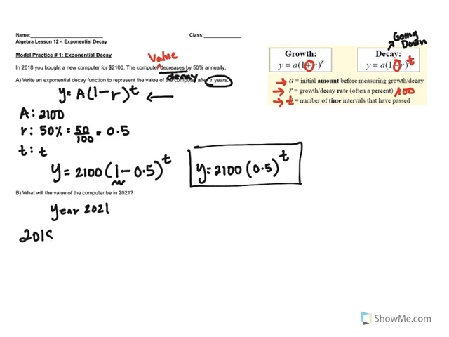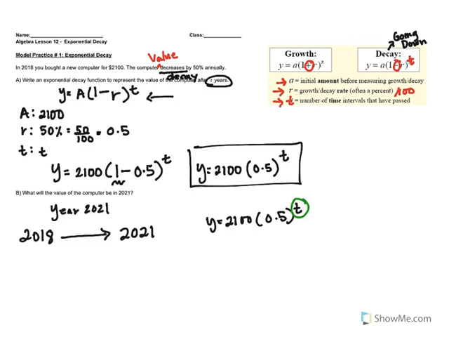If I take it and I have that computer all the way up until 2021, what would be the value of that computer after all that time has passed? So first I have to figure out, okay, if I'm going to use my equation y equals 2100 times 0.5 to the t, well, I need to know how much time has passed.